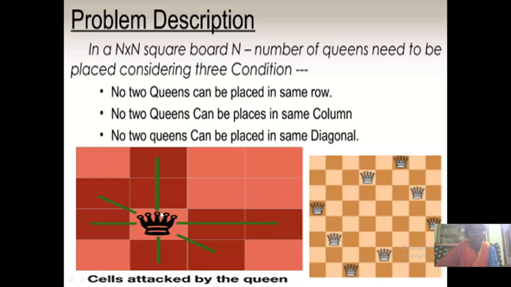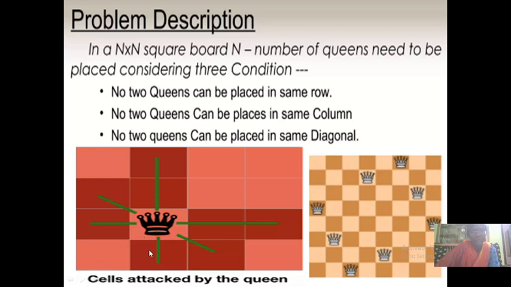Already one queen is available there, and if you want to place a queen in this particular fourth row, what things do I have to check? I cannot place the queen here, because no two queens can be placed in the same diagonal, so that condition never matches.